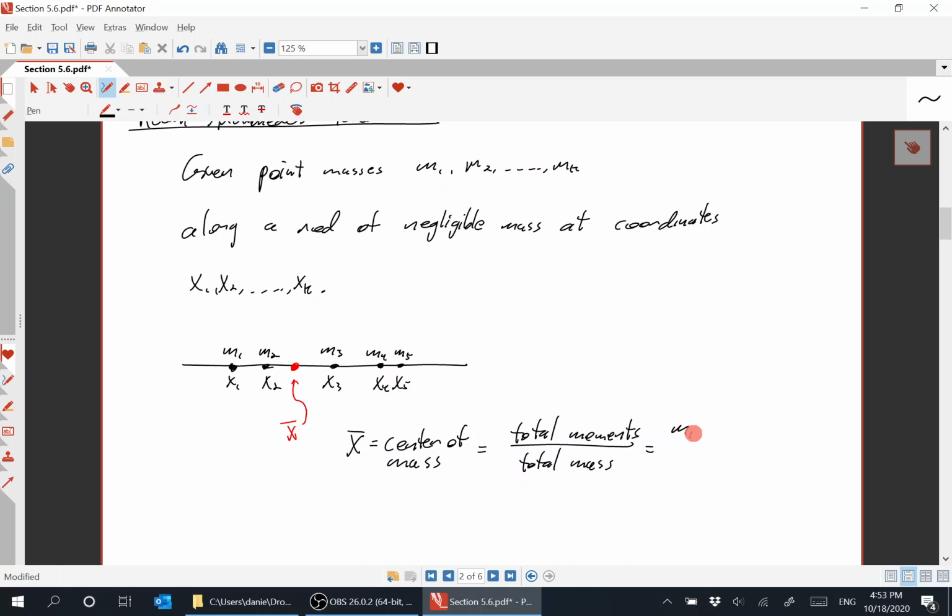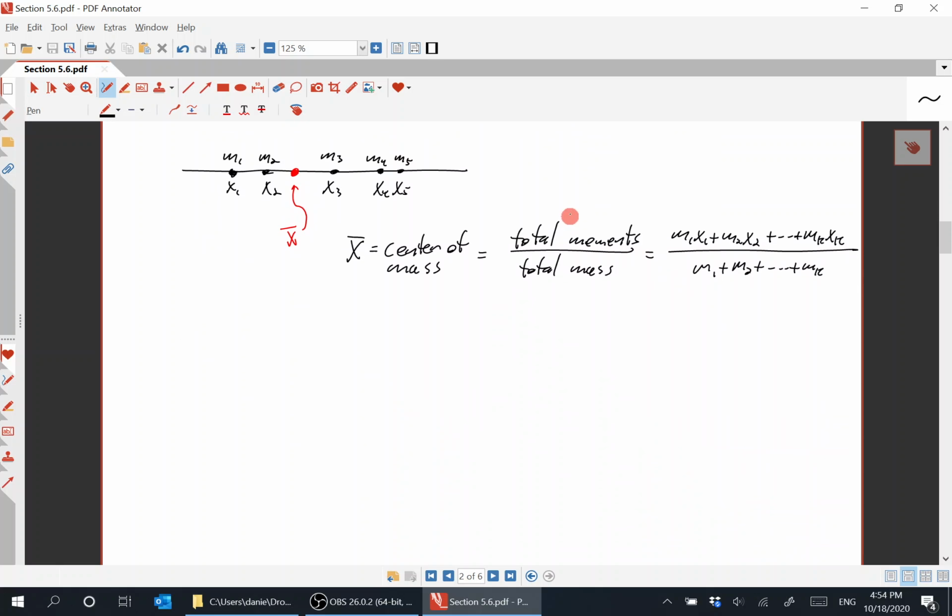So this is m1 x1 plus m2 x2 plus up to mk xk, over the total mass, m1 plus m2 plus up to mk. Moments are mass times coordinate: mass times coordinate plus mass times coordinate, all the way up to mass k times coordinate k, divided by the sum of the masses. Total moments over total mass. That's Archimedes' lever law.